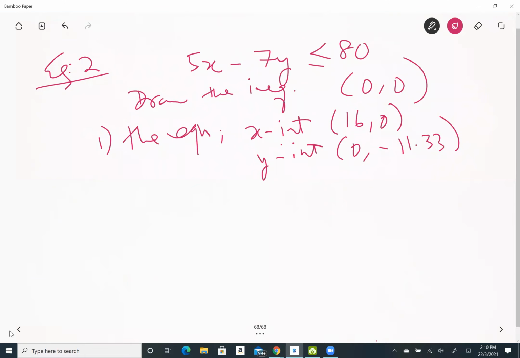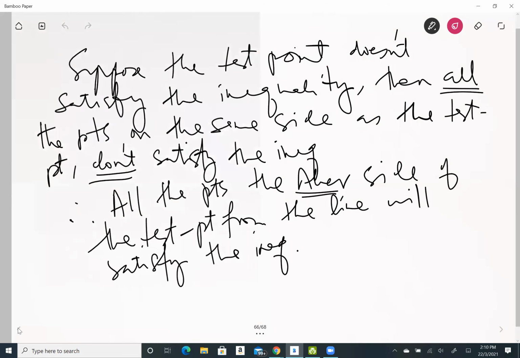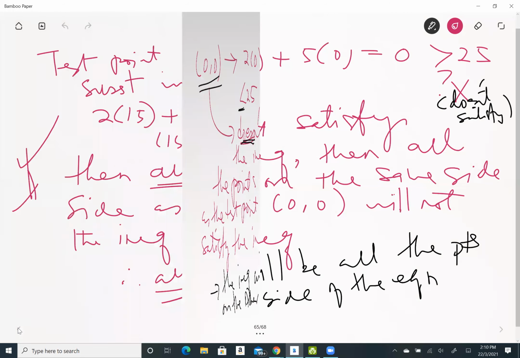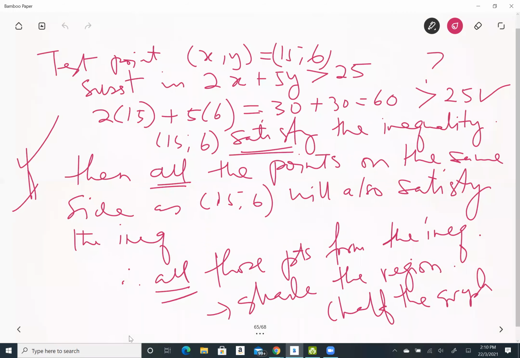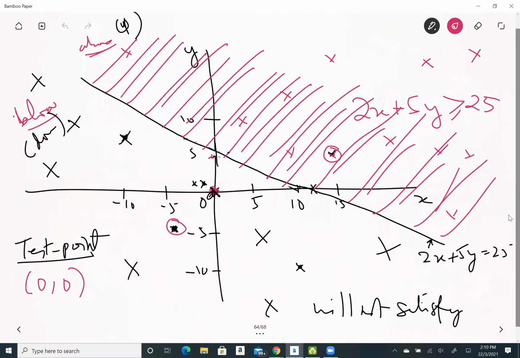So I go back to the graph. We plot the inequality, or firstly, of course, we plot the line. Okay, here. So we have 2 points. The x-intercept is 16, 0, somewhere here.